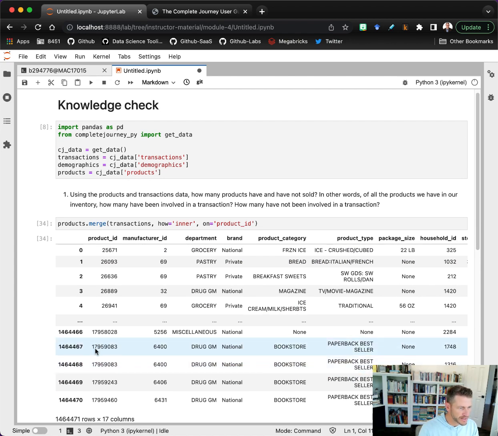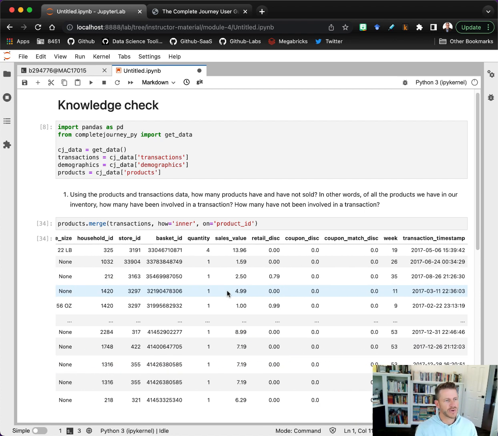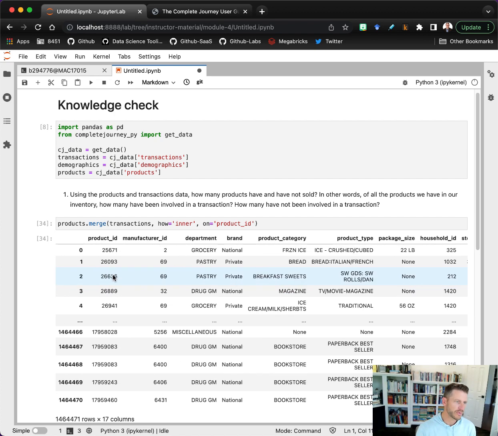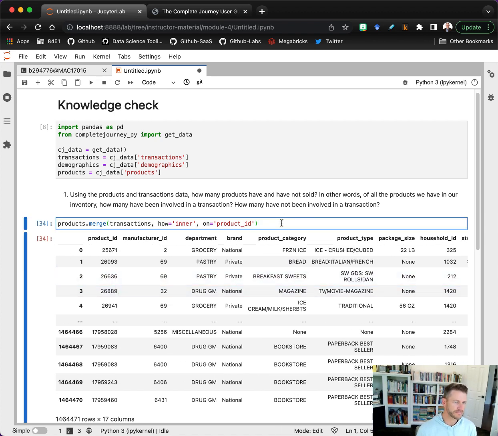Here's a product number 179598083, and it's duplicated in the next one. That's because we are adding the product information to every transaction, but we only want to get the distinct products.